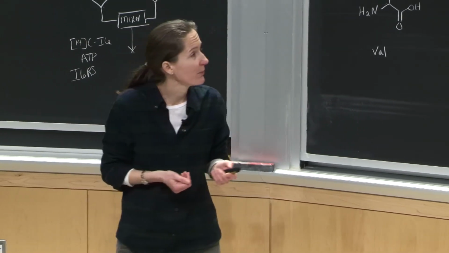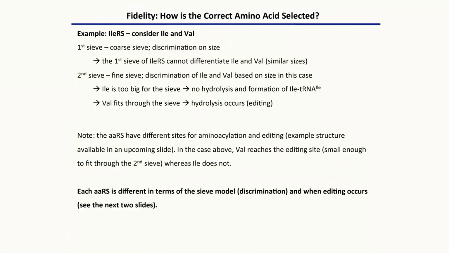So the first example here, we can consider this guy and isoleucine and valine. As I mentioned, this aaRS will activate both. So in this case, the first sieve can't differentiate isoleucine from valine. They have similar sizes according to this aaRS.